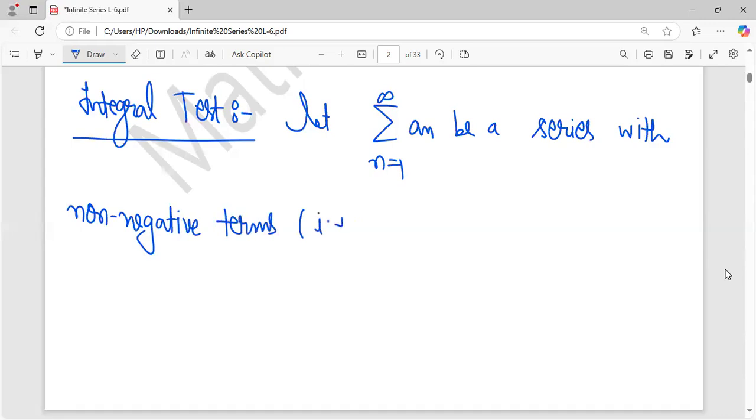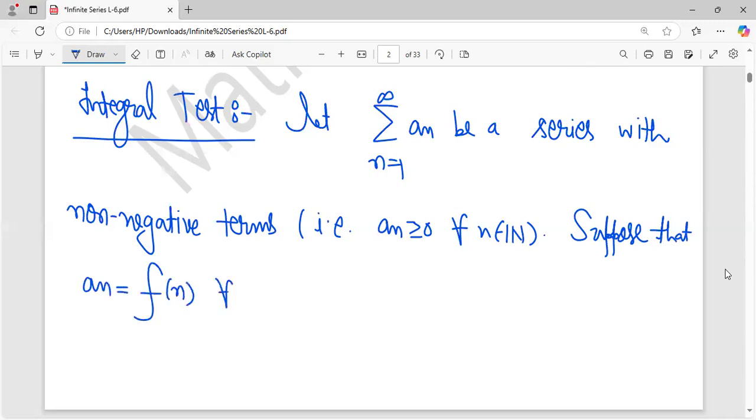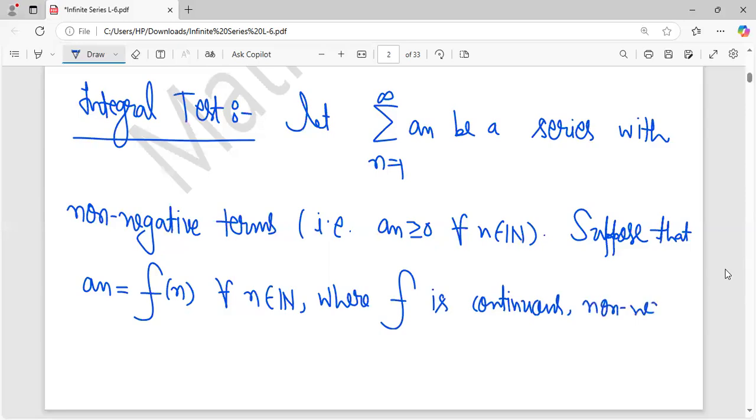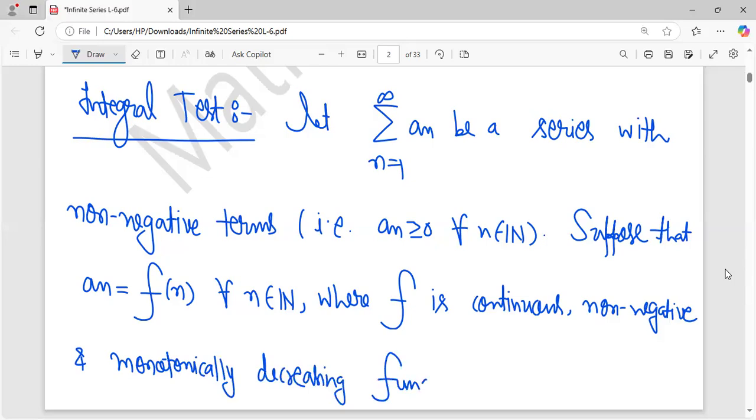Non-negative terms means a_n is greater than or equal to 0 for all n belonging to N. Suppose that a_n is equal to f(n) for all n belonging to N, where f is a continuous, non-negative and monotonically decreasing function defined on the interval [1, infinity).